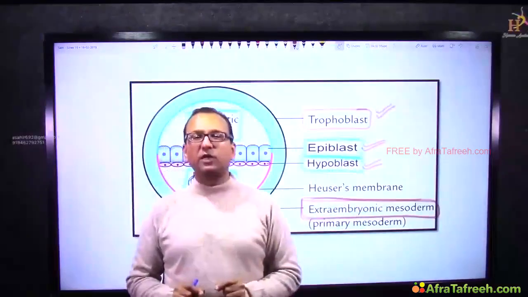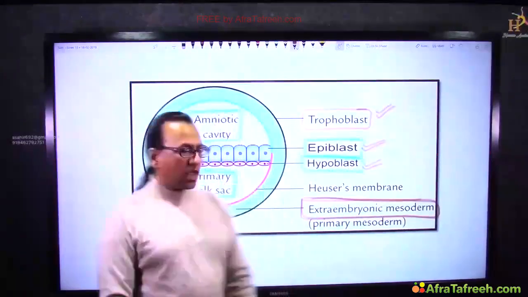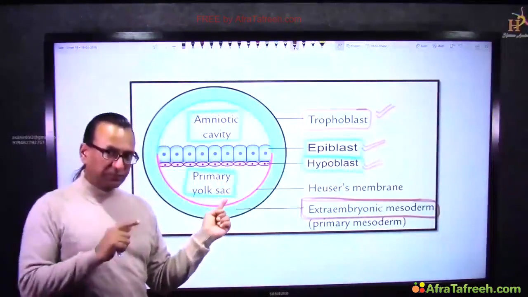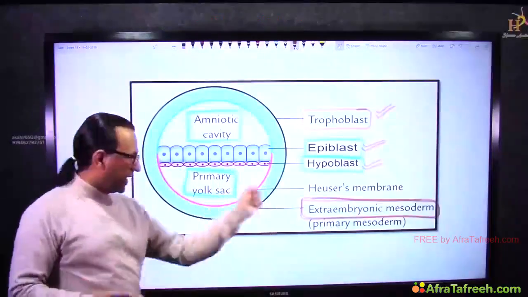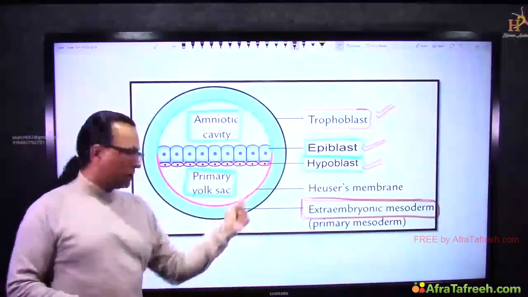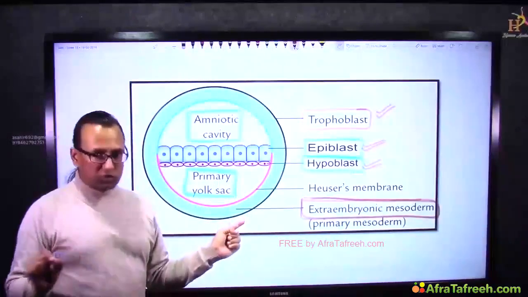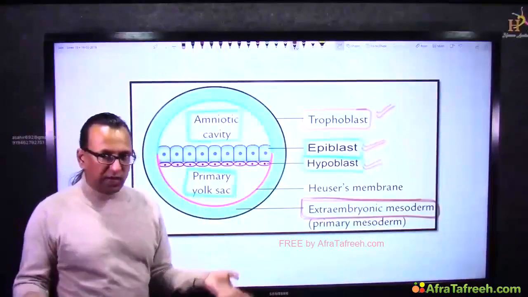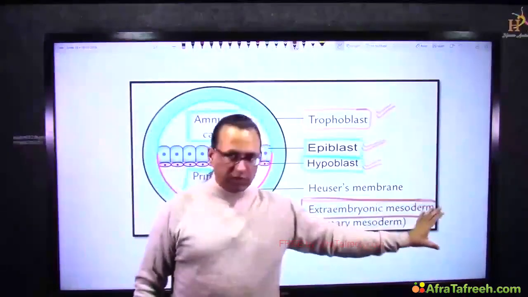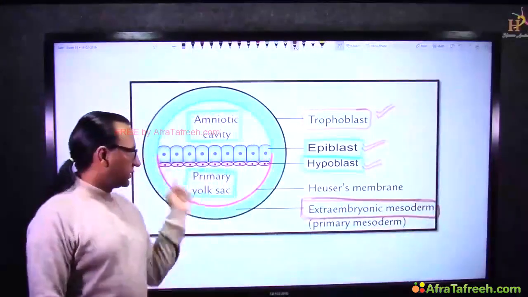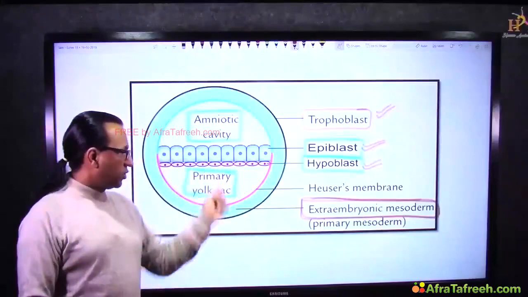Recently, there is a consensus that the primary yolk sac is lined by some cells and those cells will form extraembryonic mesoderm. Then, what are those cells? That we still don't know. Then what is the answer? If somebody asks me where extraembryonic mesoderm is from, your first answer should be, it is from the cells lining the primary yolk sac.